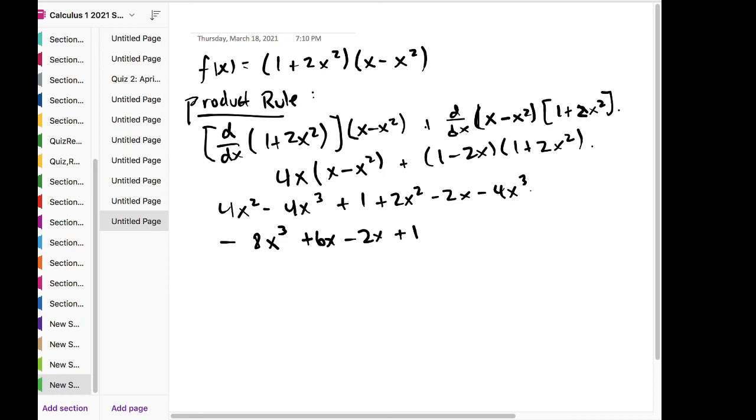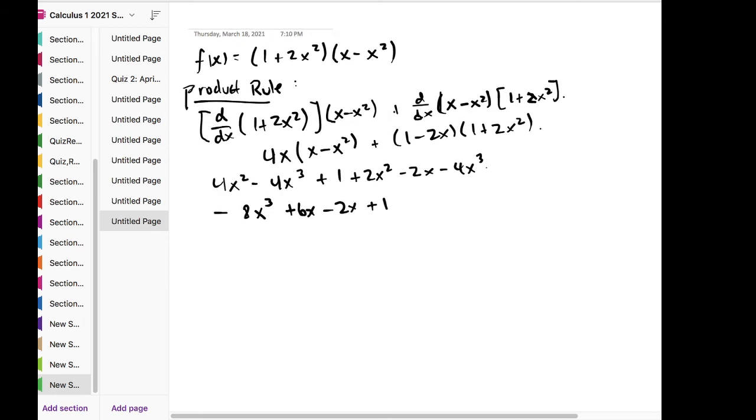So now let's see what happens when we multiply. So when you FOIL, you get x minus x squared plus 2x cubed minus 4x to the fourth.